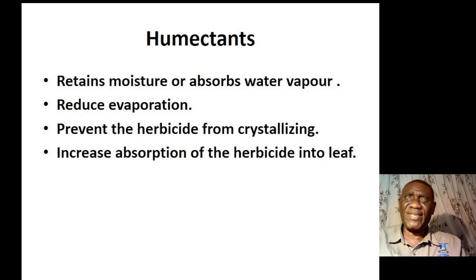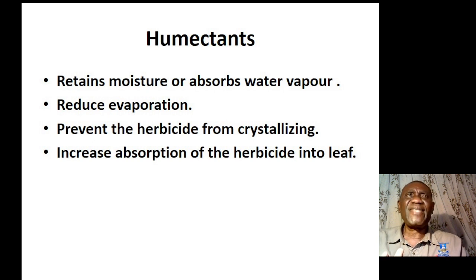This can reduce evaporation, which means the pesticide is in an active form. You prevent the herbicide from crystallizing, which is one of the problems with water which is evaporated. So you need to retain the moisture to prevent crystallization, forming a solid which cannot easily enter.